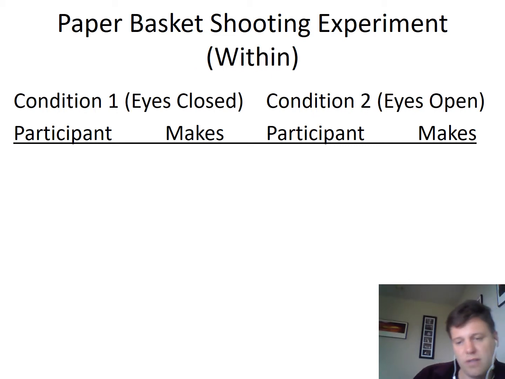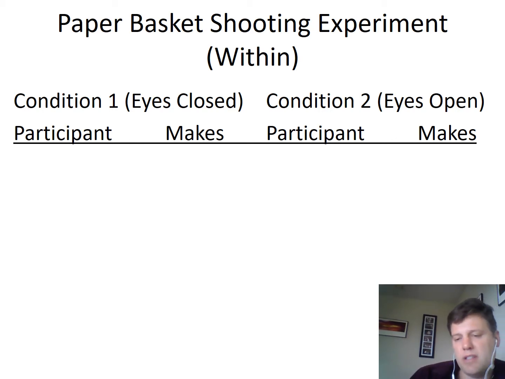And this would have led us to redoing the experiment, saying, all right, let's change it up. Let's have people first try with their eyes closed and then try again with their eyes open. And we see if there were differences in individuals' performances from the first time they did it to the second time. And hopefully what we would find is the majority of people, when they had their eyes open, did better that second time around.